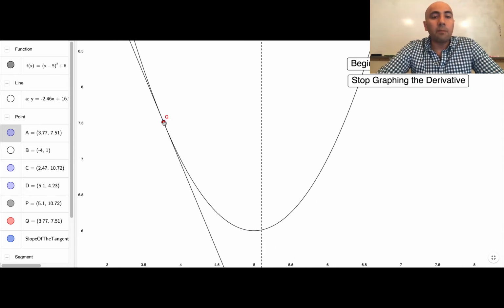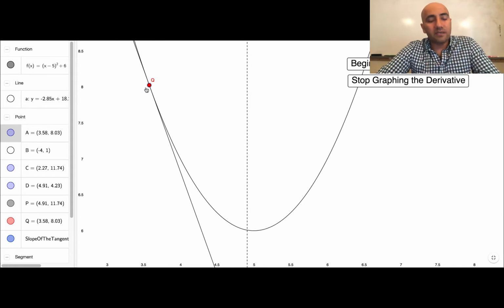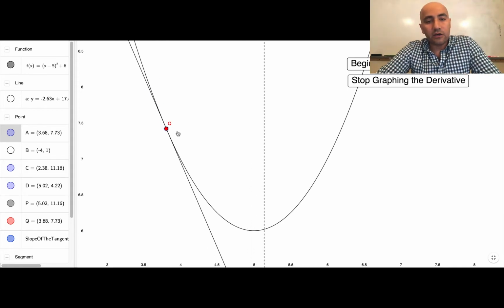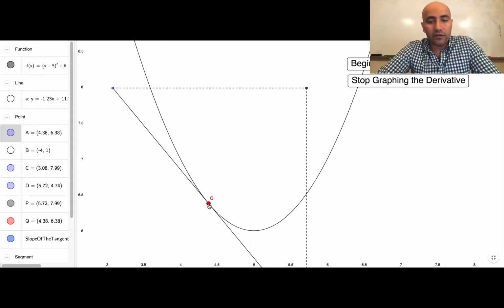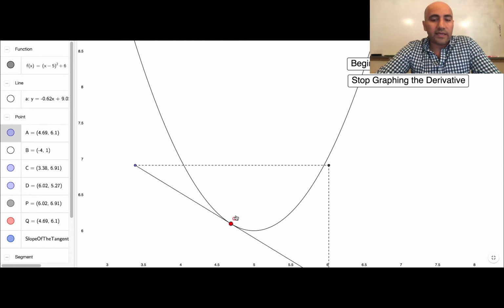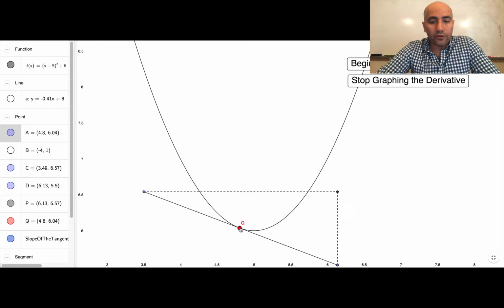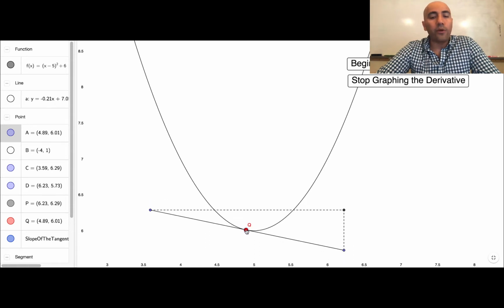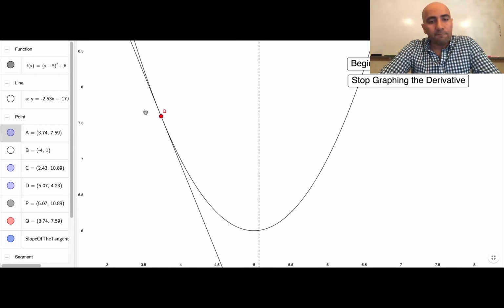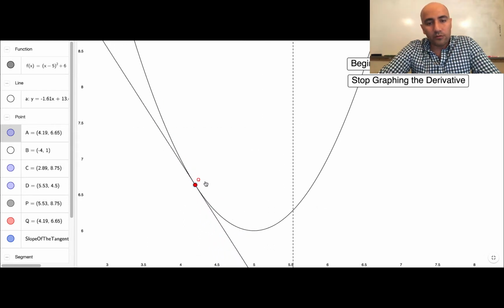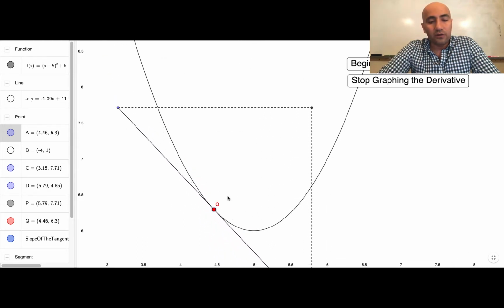Just to put numbers on here, this could be a -7 as a slope, whereas down here, this could be like a -1. And then if I keep going even further, this could be like a -0.25. I'm just throwing numbers out there to highlight that this is getting smaller and smaller, closer and closer to 0.